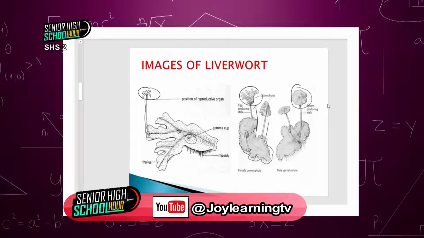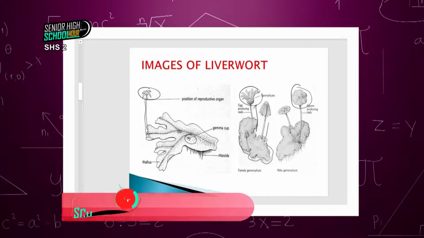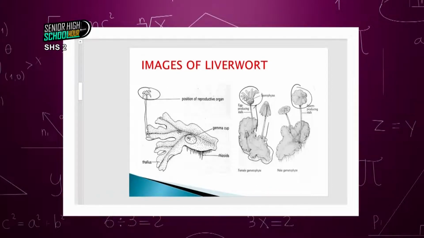Then look at the design of this particular one. Look at how it's spread out. It's different from the one on your right here. You will see that we call one egg producing stalk, another one sperm producing stalk. So the flattened body on the ground there will have these structures growing up. We call them the antheridium and the archegonium.